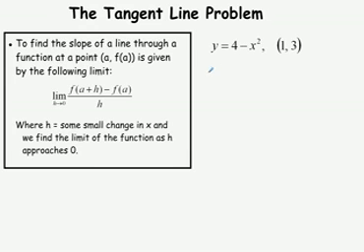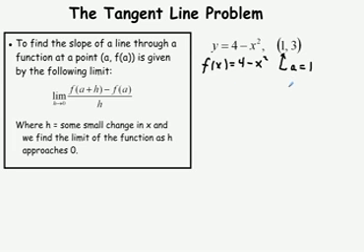So, all right, let's get a few topics out of the way here. First of all, of course, we're saying we have the function f of x equals 4 minus x squared. And in this case, a is the x value through which this tangent line is going to pass.